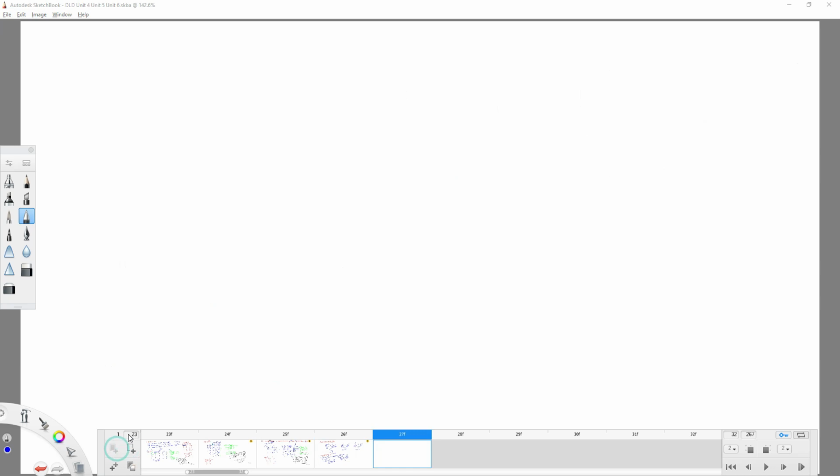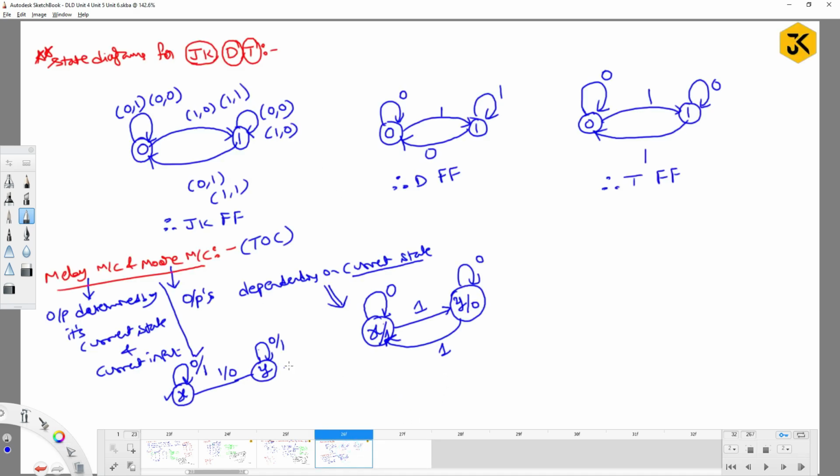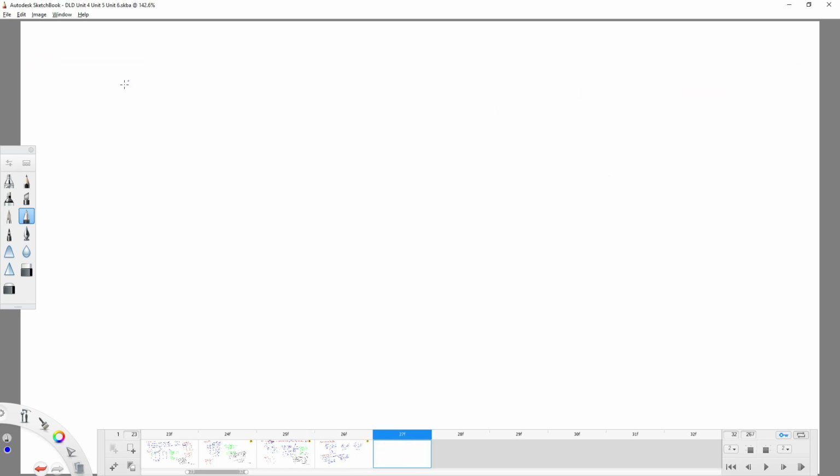Yes. For example, let me try to draw one simple Mealy machine. Say I have S0, S1 and S2, and if I get the input X value as 0, I am going to produce the Y value 0 and go to S0 only.